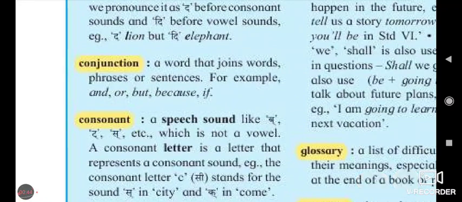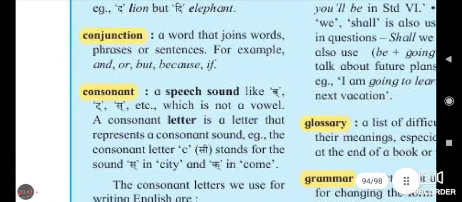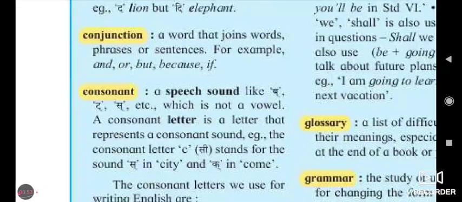A conjunction means a word that joins phrases or sentences. After that we have consonant. Consonant means a speech sound like the s, etc. It is called consonant, which is not a vowel. A consonant letter is a letter that represents a consonant sound.